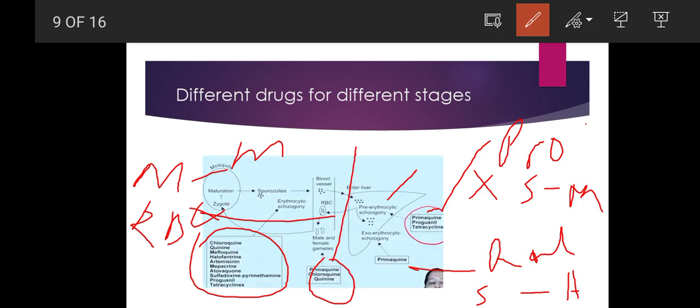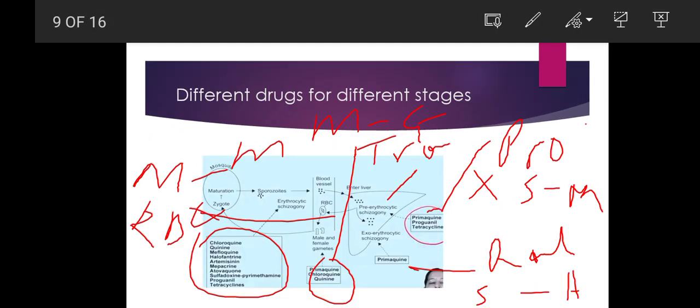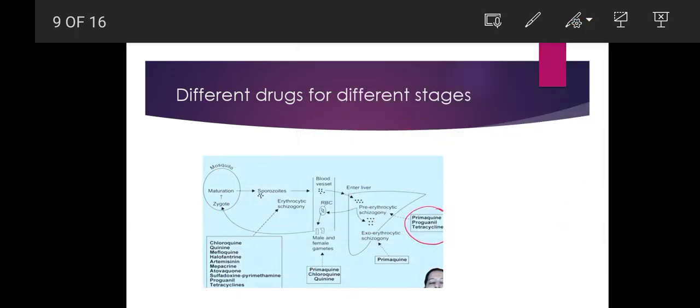The gametocidal will act at the level of the gametes, so they will prevent the formation of merozoids to gametocytes. So we prevent the formation of merozoids to gametocytes in the bloodstream, hence preventing transmission of the parasite. So that being said, those are the different drugs that will act at the level of the life cycle of malaria parasite and the different stages on the life cycle.